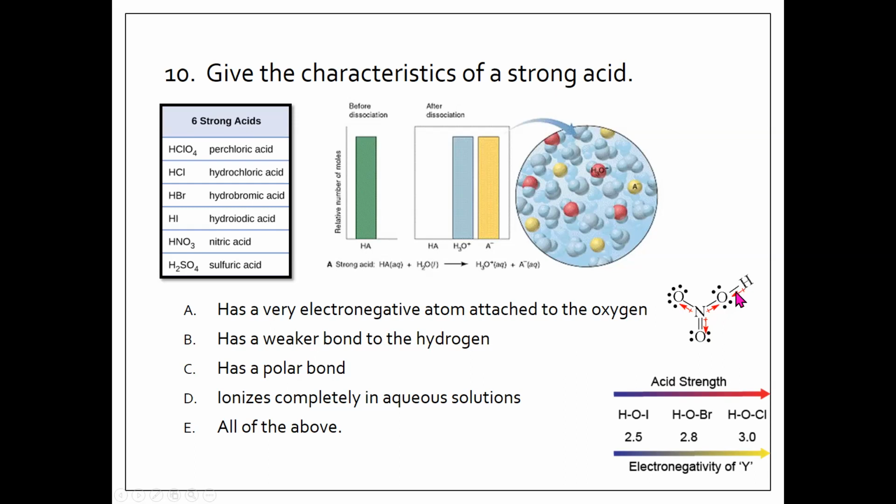So there's this net pull of electron density from this hydrogen that weakens this bond. It makes this bond very polar in that process. But also, we said that the strong acids ionize completely. So B, C, and D are always true. A is true most of the time. So this is why the best choice for this question would be E, all of the above.